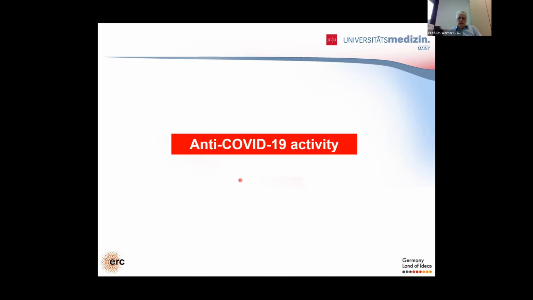Then we found something else. It has also anti-COVID-19 activity, because everywhere in our body where we have a defect, blood platelets which are filled with polyphosphate accumulate and release the polyphosphate and contribute to the regeneration speed of this tissue.